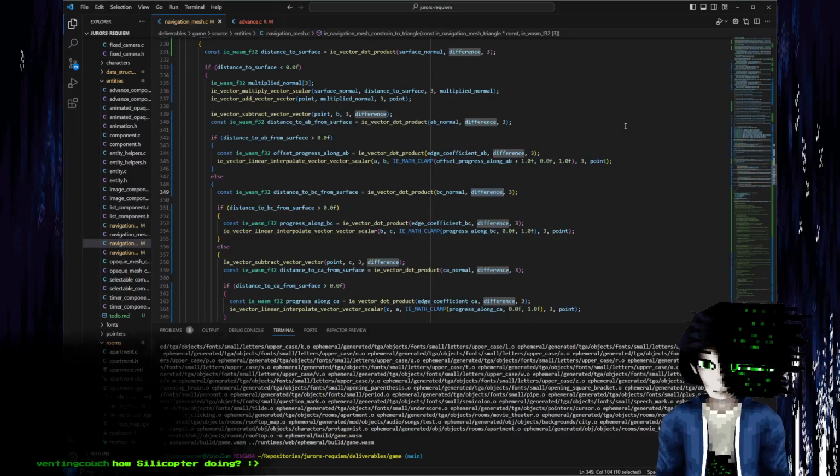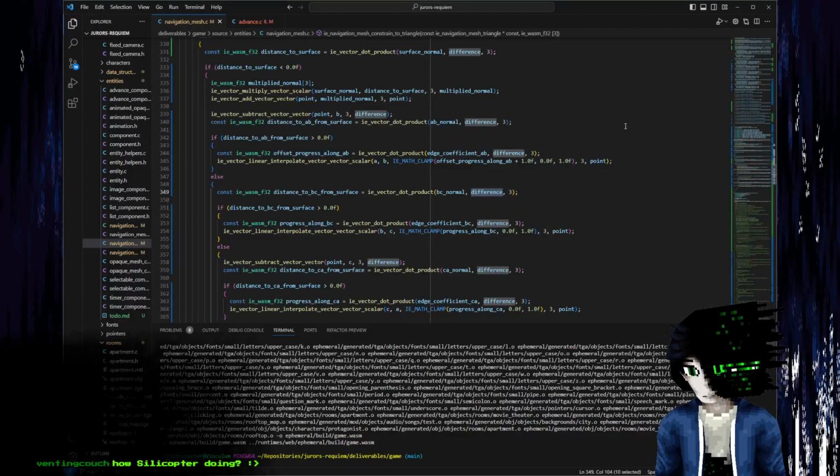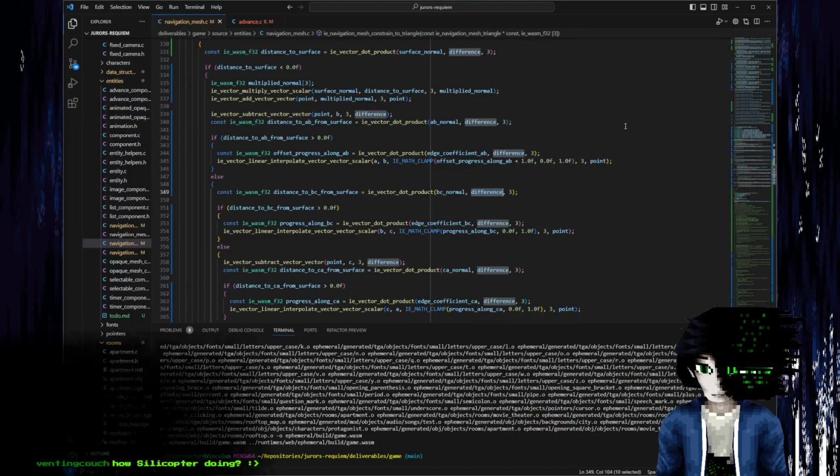Hey, how's it going? I am getting very, very confused by collision code. I'm mostly just staring at it until my brain melts. Are you okay?